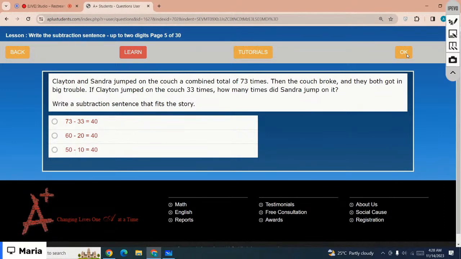The correct option is option number 1. That is 73 minus 33, that equals 40. So the correct option is option number 1.